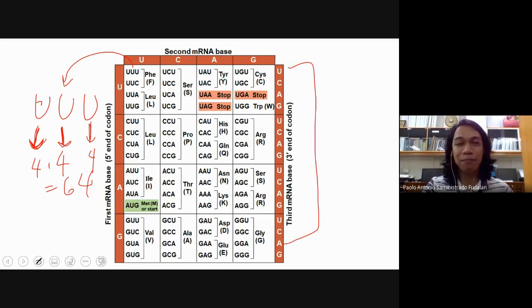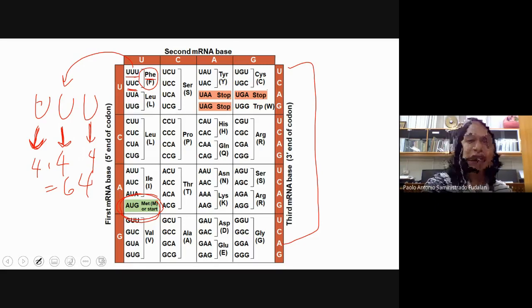That's 64 all in all. But because one amino acid can be coded by more than one codon, for example, phenylalanine here can be coded by UUU or UUC, there are only 20 amino acids, but there are 64 codons. Out of the 64, one of them, AUG, is for start, the beginning of translation.